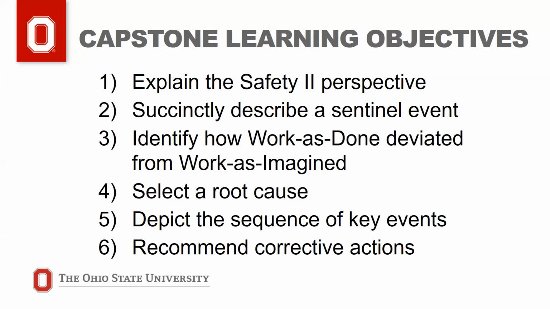Those all inform the sequence of key events and how they're described. And what are our corrective actions that we want to see as opposed to a single corrective action.